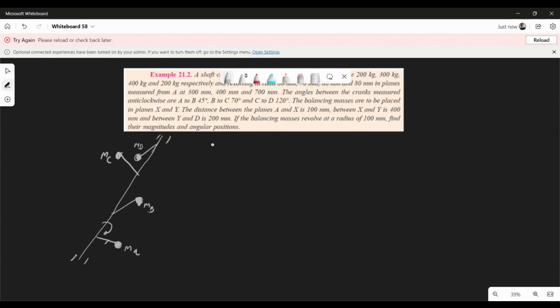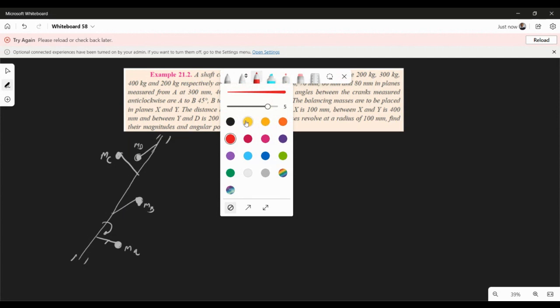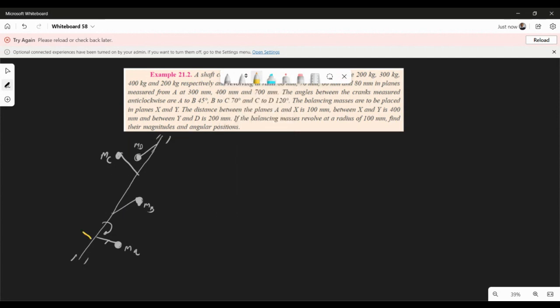So obviously the radiuses are given there. I just want to get my yellow pen. So they're saying from A to B, the distance there is going to be 300. From B to C, they give us 300, and then measured at A, 300, 400, and 700. And they're saying from A, mass C would be 400 millimeters.